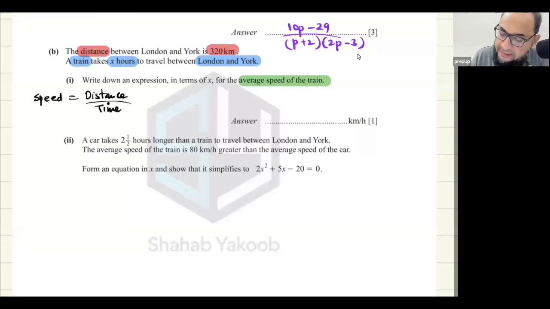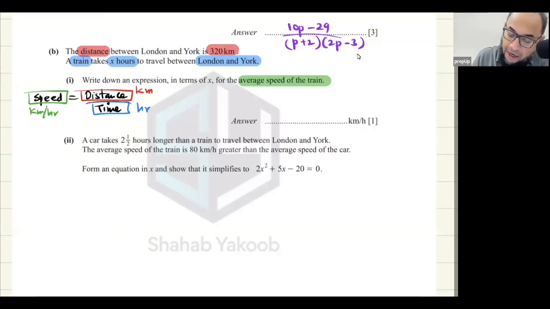Now the distance, if it's in kilometers, and the speed, that is in kilometers per hour. And the time will be in hours. So kilometers, hours, that will give us kilometer per hour. It could also be meters, seconds, meters per second. But over here, we're talking about kilometers and hours and kilometer per hour.